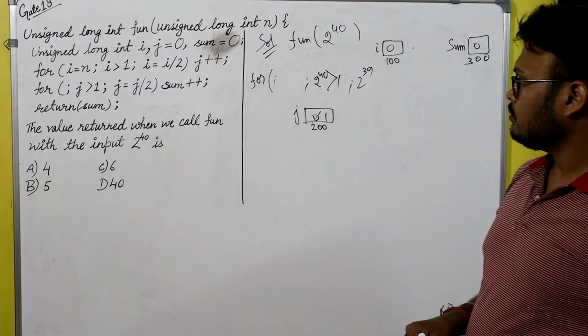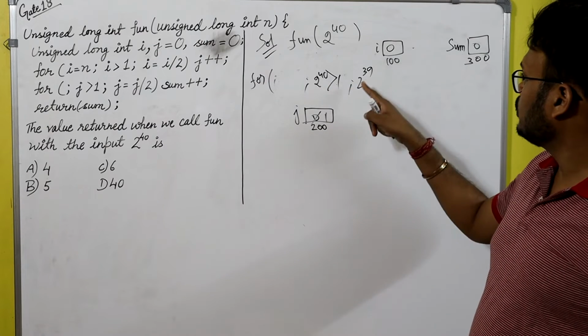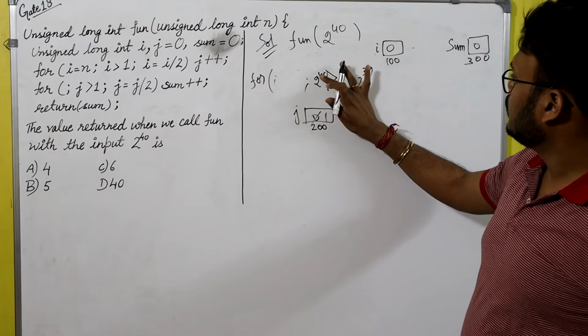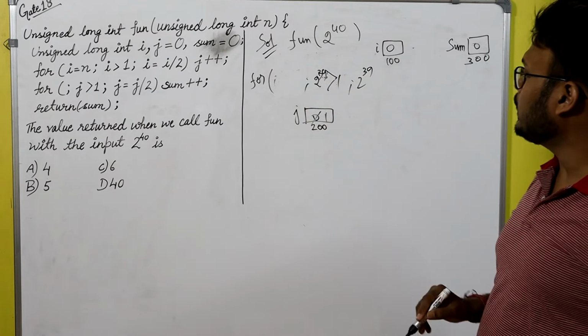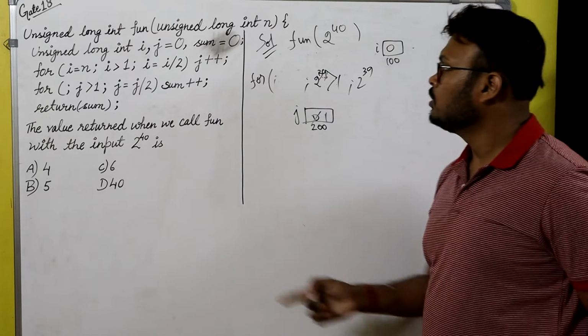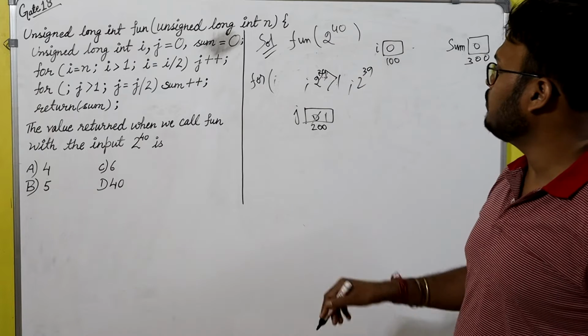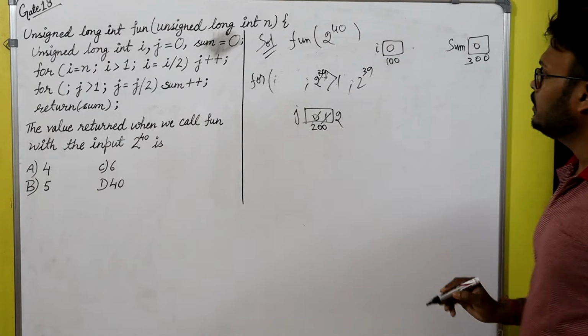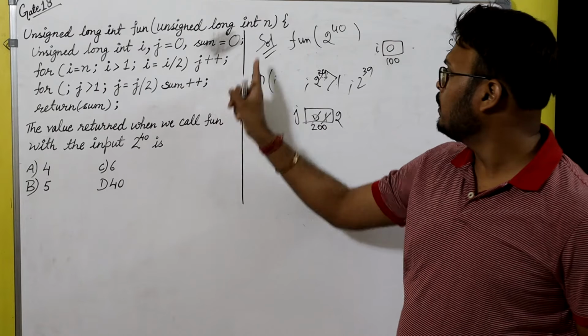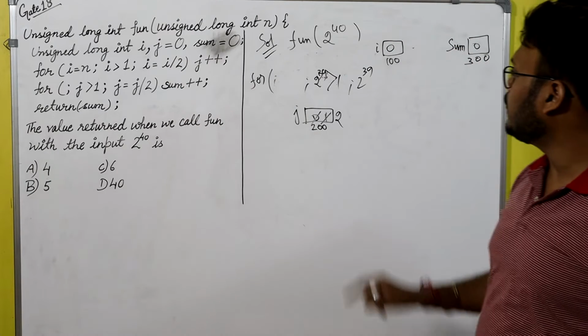Now let's compare here. Is 2 to the power 39 greater than 1? Obviously. Since it's a true statement, j will get incremented from 1 to 2. Now again i is equal to i by 2.